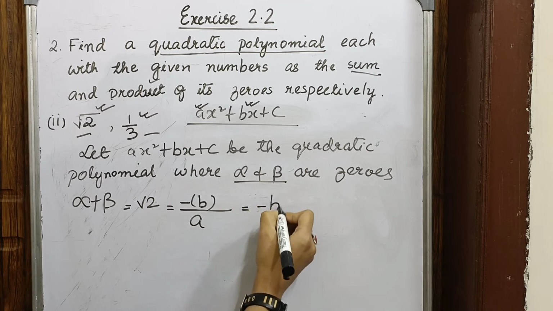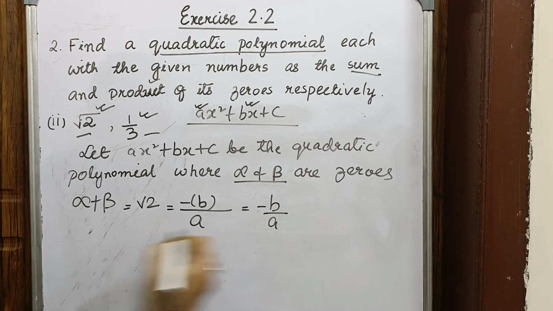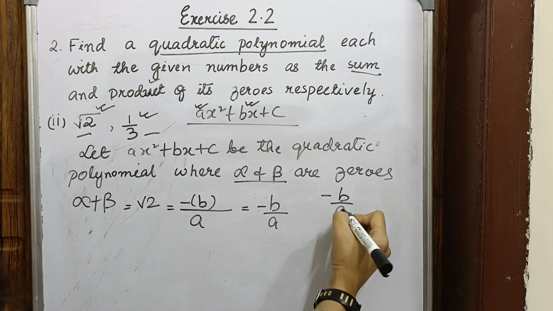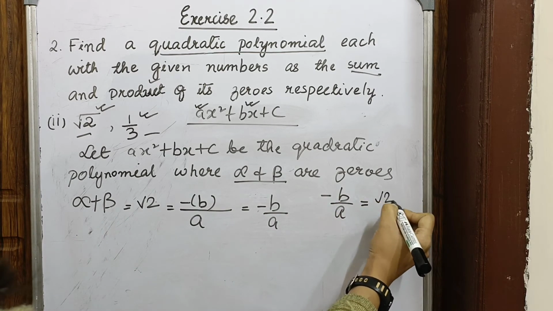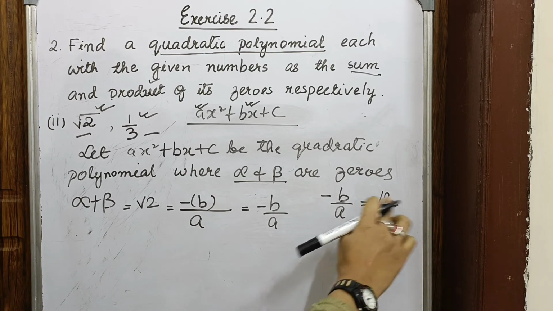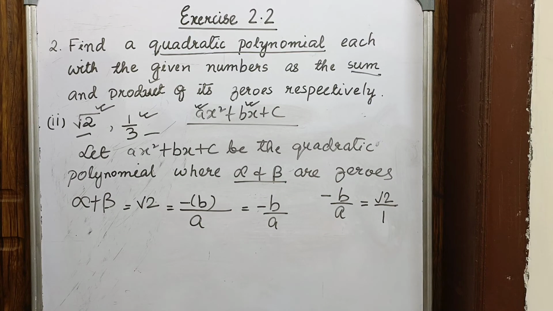So we got minus b by a. So minus b by a equals root 2, you can write it as over 1, because minus b by a equals root 2 by 1.